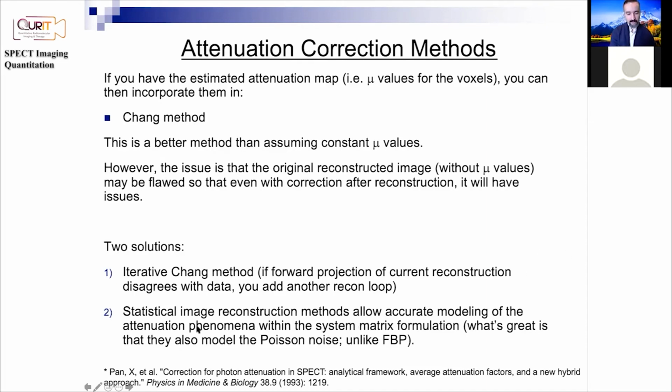The beauty of iterative statistical reconstruction is that you have this so-called system matrix formulation, where you can place attenuation very naturally. On top of that, you're modeling the Poisson nature of noise. So it makes a lot of sense to do this comprehensive, proper modeling instead of doing a recon without attenuation correction and then looking up some multiplication factors. Why can't we just model the physics properly in the original reconstruction problem instead of doing it in multiple steps? And that's what's really worked nicely.